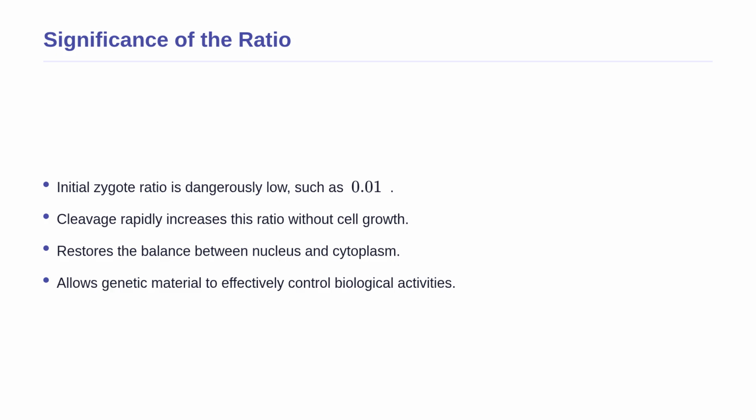This physically demonstrates the entire purpose of this developmental stage. Cleavage rapidly restores the critical balance between the nucleus and the cytoplasm. Without this mathematical restoration, the tiny nucleus would never be able to effectively control the biological activities of the massive cell. It is a perfect example of math driving biology.